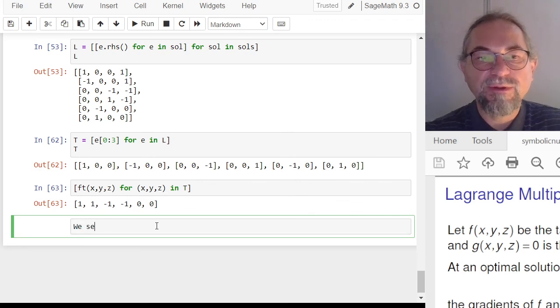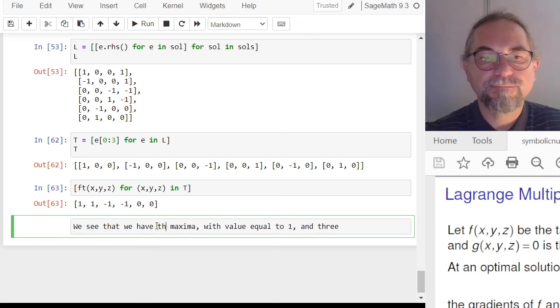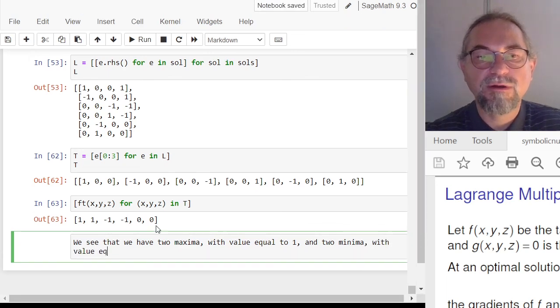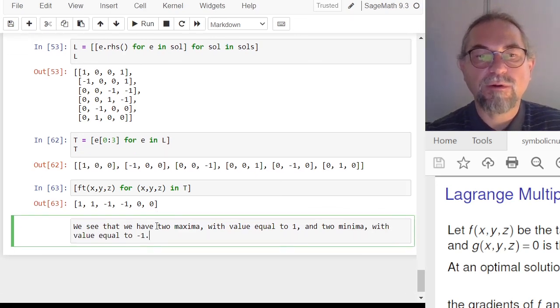We see that we have 3 maxima with value equal to 1, and we have 2 maxima and 2 minima with value equal to -1.